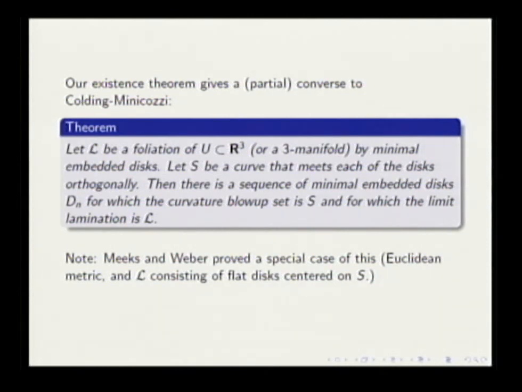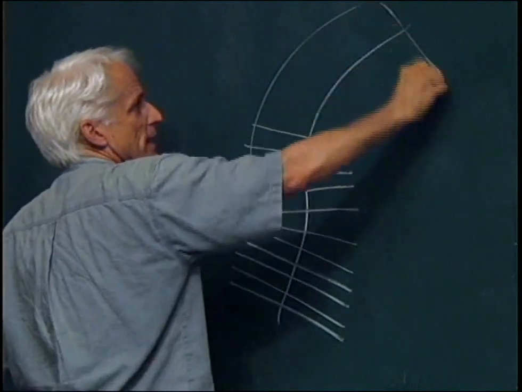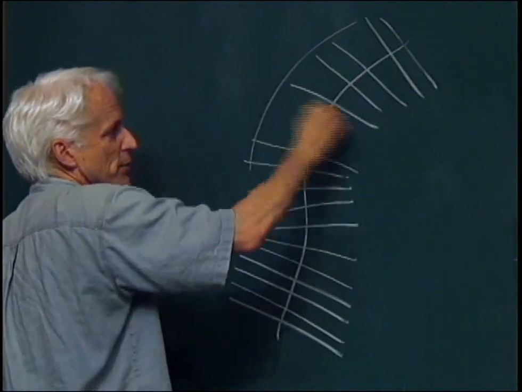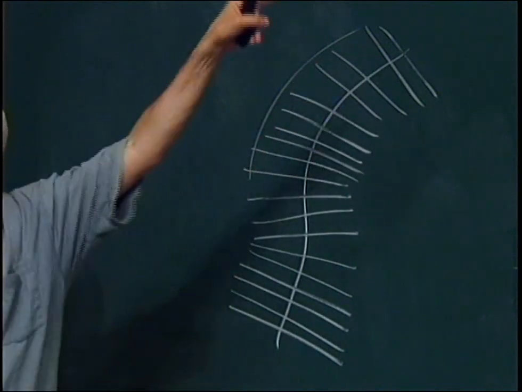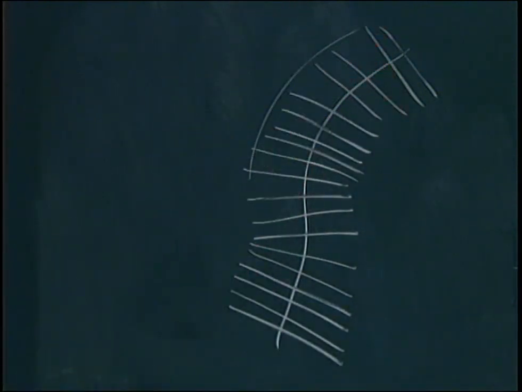So you start with, say, a smooth curve, and then you take the flat disks that are perpendicular to it, and choose the radius small enough that they don't intersect, so they'll foliate some tubular neighborhood of the curve. So if you have a foliation like that, that's already in the work of Bill and Matthias Weber from a few years ago. But the method is completely different from the method I've described here.